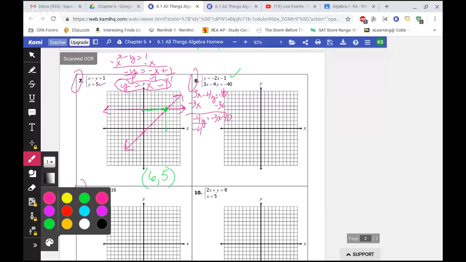I'm going to divide everything by negative 4. So that's going to give me y equals positive 3/4 x, because a negative divided by a negative is a positive. And negative 40 divided by negative 4 is a positive 10. So it's y equals 3/4 x plus 10.